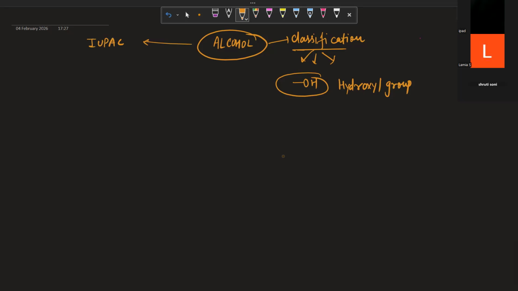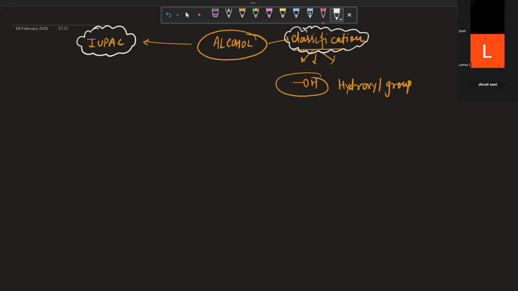In IUPAC nomenclature, what are the three major rules? You have to identify the longest chain, and if the hydroxyl group is on the left side, you start the naming from there.